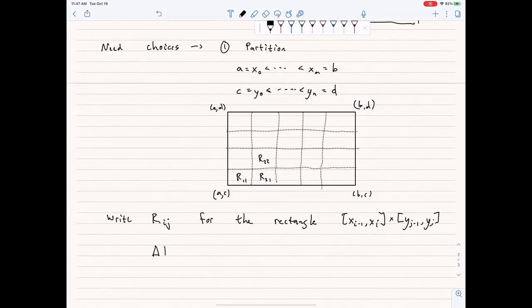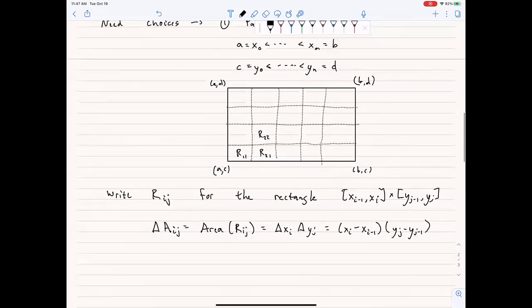So we want delta Aij, and this is equal to the area of Rij, which is equal to, if you want, delta xi delta yj, or you can write it out as just these lengths times each other. So this is just the area of each of these sub-rectangles, but we want this notation.